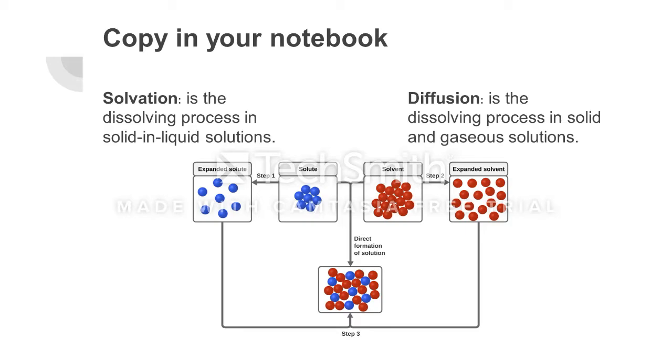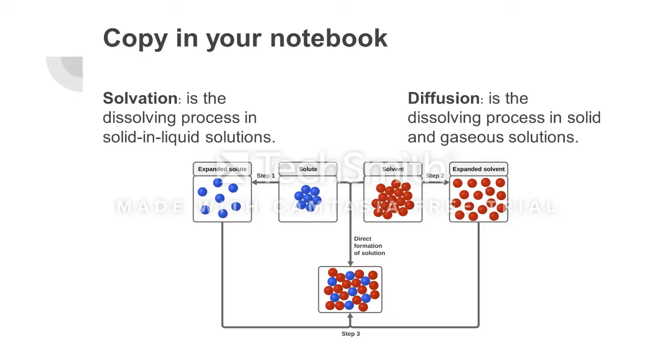In both cases, what happens is that the molecules of the solvent start to separate in order for the molecules of the solute to join in between them. The molecules don't mix together, they just make space between each other for the others to be in the same space.